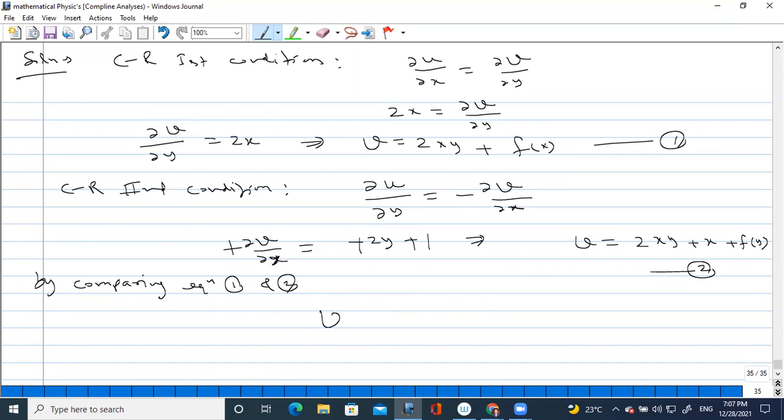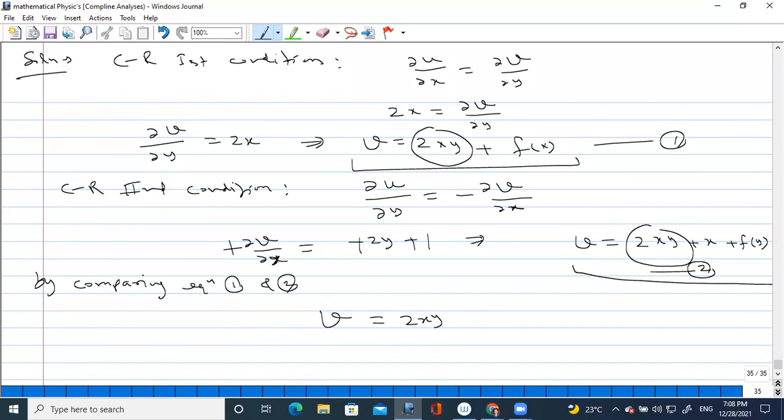Because 2xy is here and 2xy is also there, this is common in both, so that will 100% come. It is not that you will add it and it becomes 4xy. Some students have made that mistake also. This is the value of v, and this is also the value of v, not anything extra.